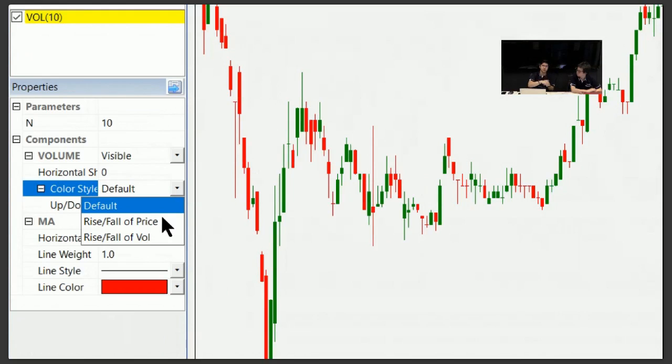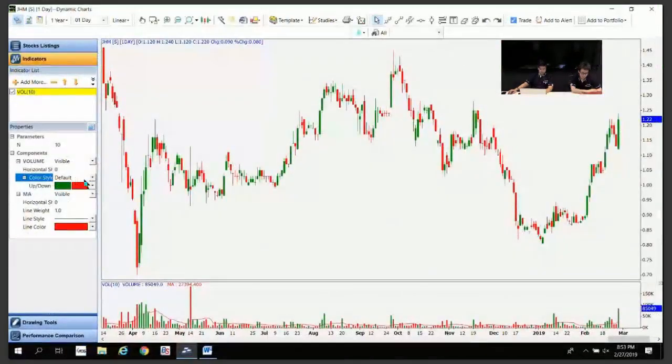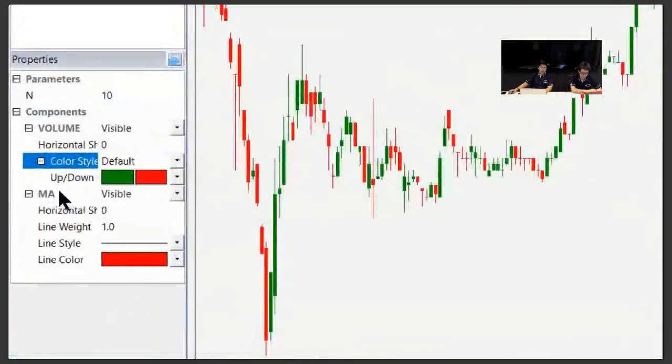As long as it closes green, it means that the price has moved up. Then over here there's the up and down color. Then whether we want to see the MA, visible or not, you can change the thickness, the line style, the color.